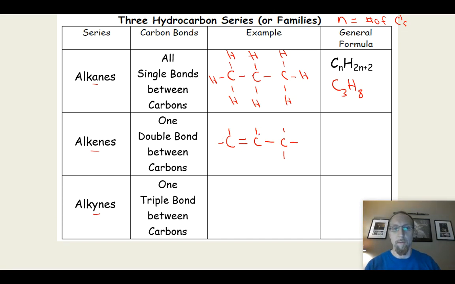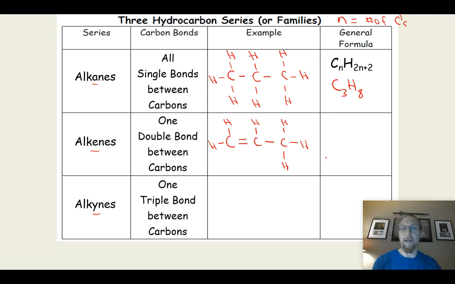So when I have a double bond here, that's now taking away two hydrogens that could have been bonded to this compound, right? So look at how this up here compares to this down here. By me forming a double bond here, look, I lost these two hydrogens, right? So now we would call that an alkene because we have our double bond there.